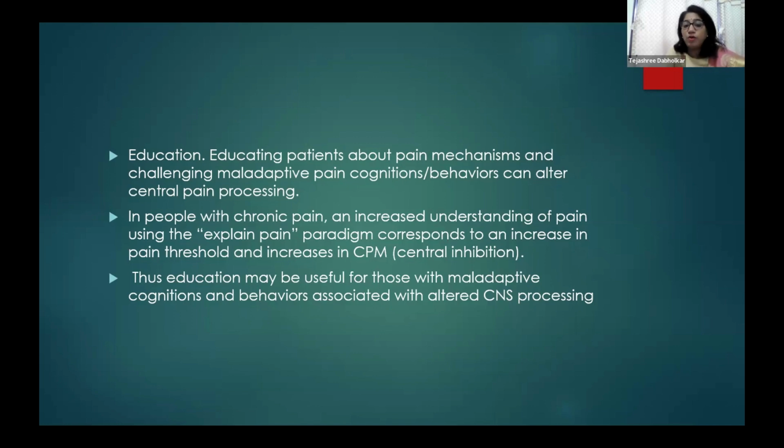This education may be useful for those with maladaptive cognition and behaviors associated with altered CNS processing, but making them understand in simple language, in their layman's language, is very important. You have to go ahead and explain to them what happens.